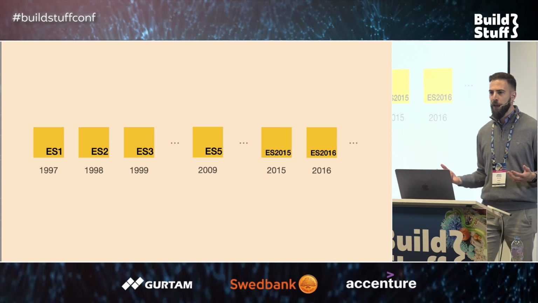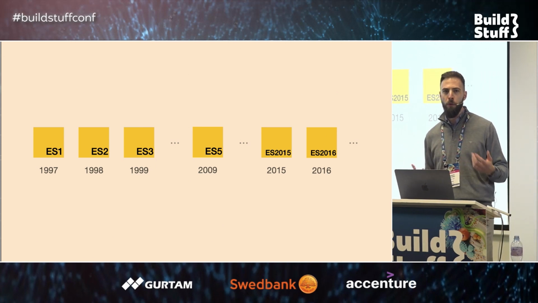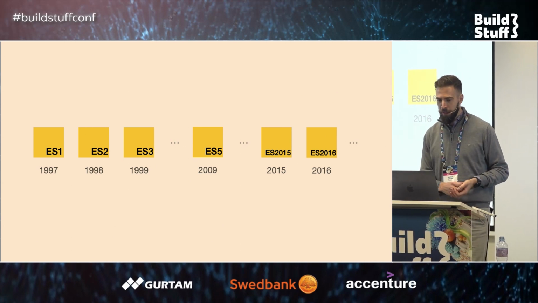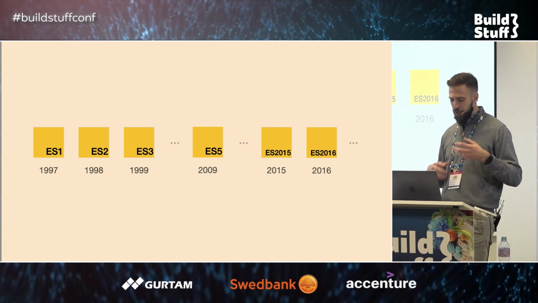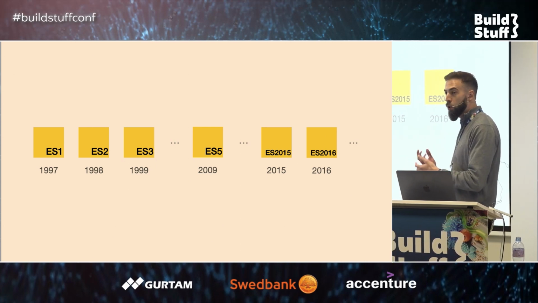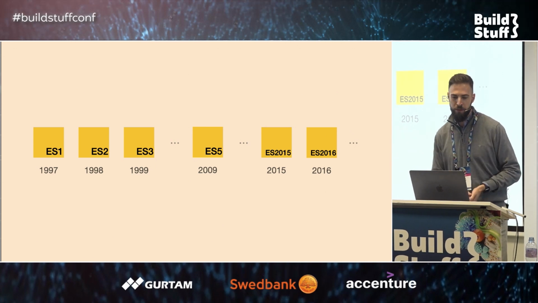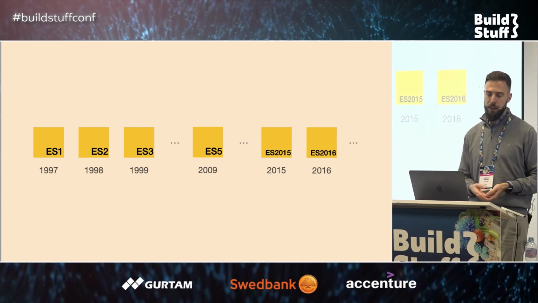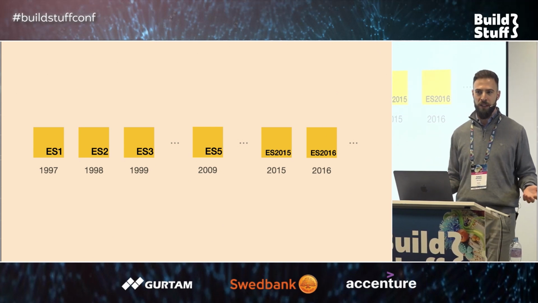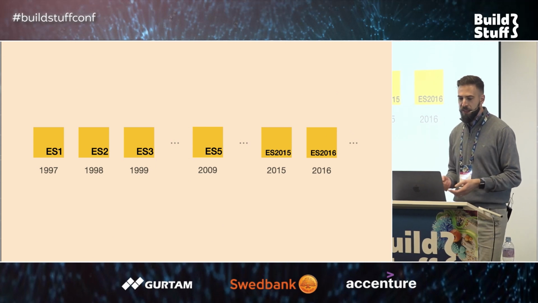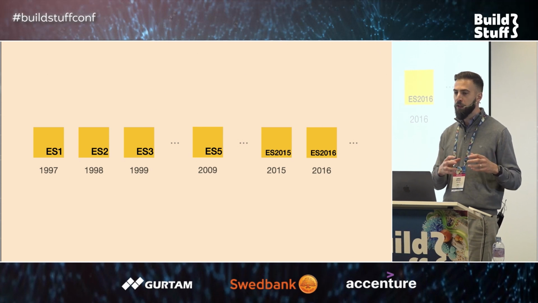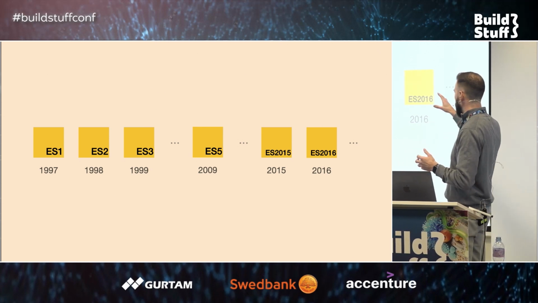Now, with ES5, JavaScript got more popular. More developers started using it, and there were talks about needing to make this language a bit more modern, a bit more approachable. In 2015, ES6 was released after quite a few years of work. ES6 was also titled ES2015 because from this point on, we had yearly releases.